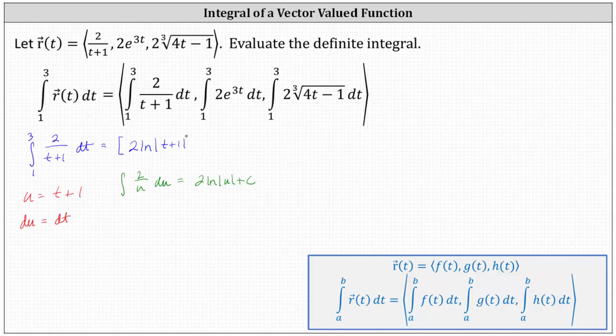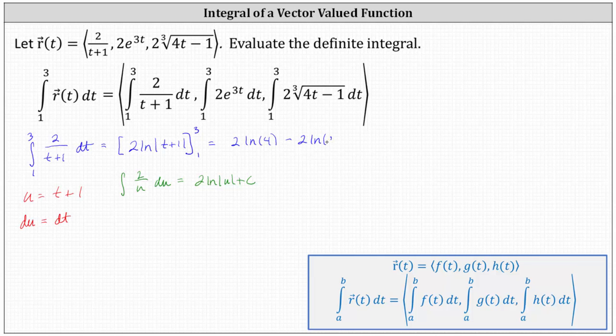And of course, because we have a definite integral, we leave off the plus c. And now we determine big F of 3 minus big F of 1. For big F of 3, we have 2 times natural log absolute value of 4, which is just natural log 4. And then minus big F of 1, which gives us 2 natural log absolute value of 2, or 2 natural log 2.